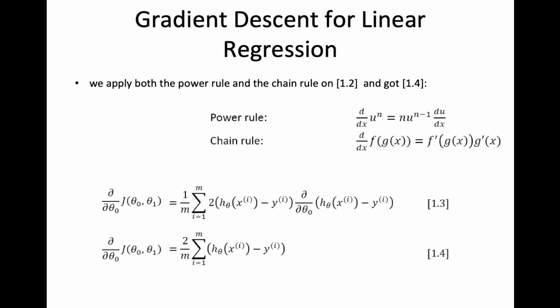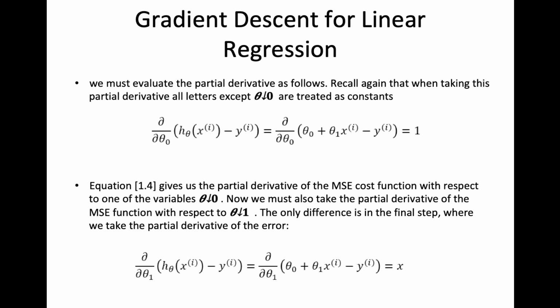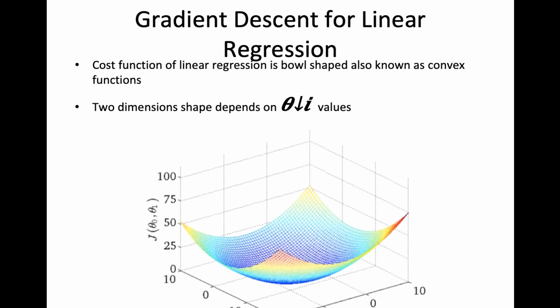Within Python, we have plenty of packages to do that for us. And basically, the cost of linear regression is a bowl, known as a convex function. And this is ultimately how we get the cost of the linear function, like so.